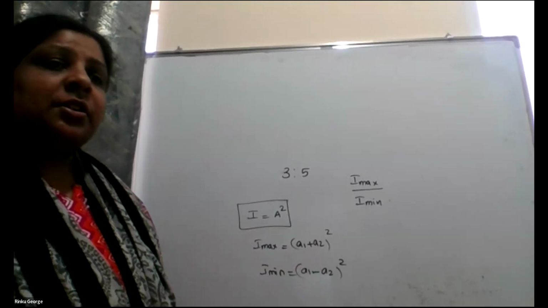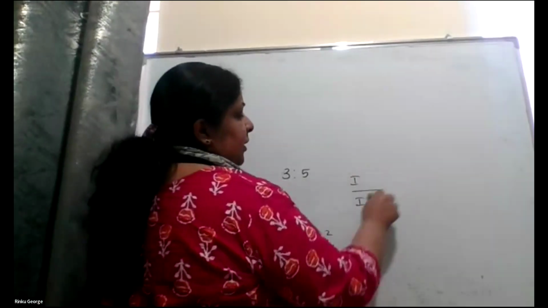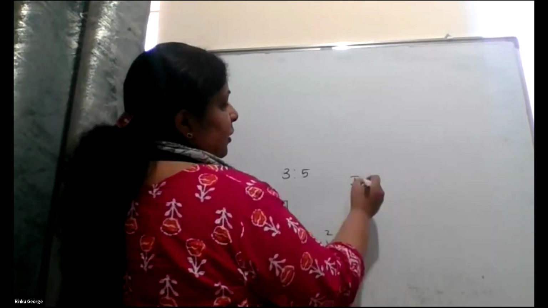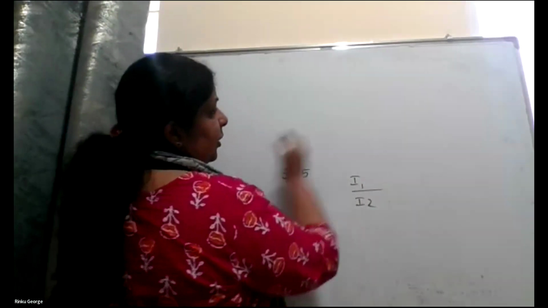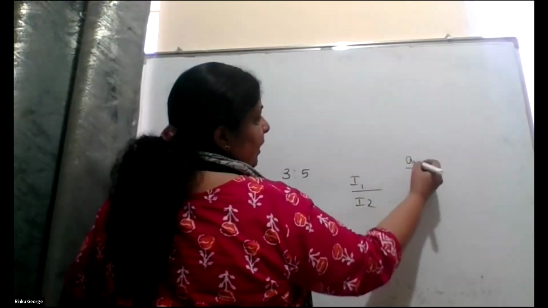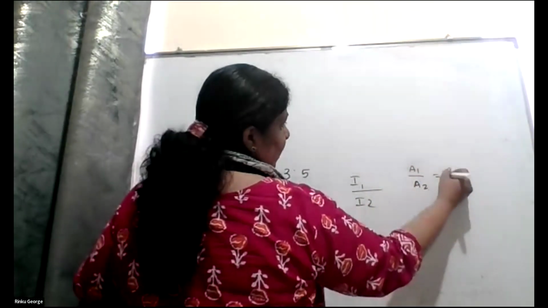Or do one thing, change the question. Instead of I max and I min, write I1 and I2. Find the ratio I1 to I2. For that, you know the amplitude ratio A1 by A2 is 3 by 5.